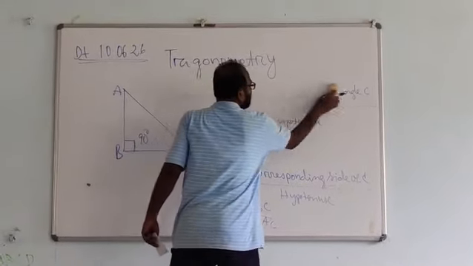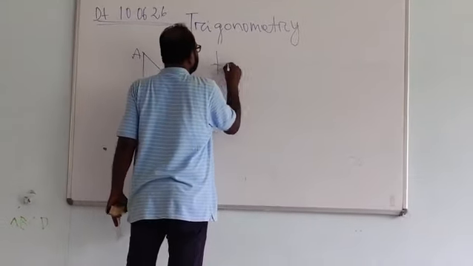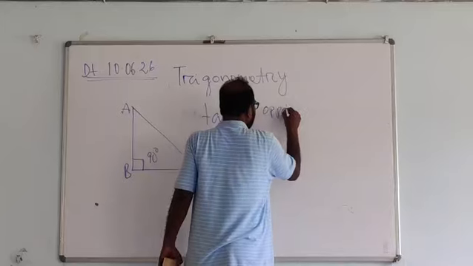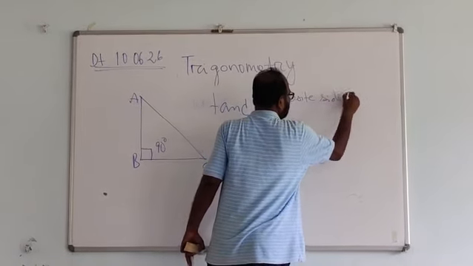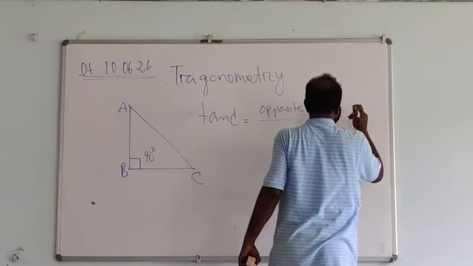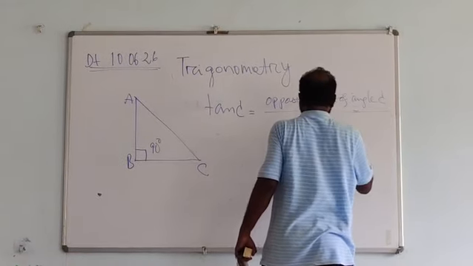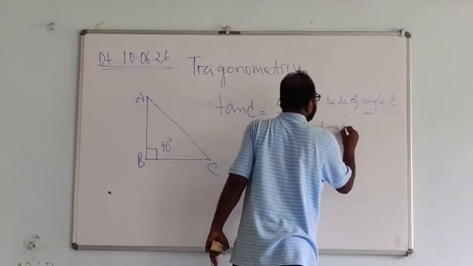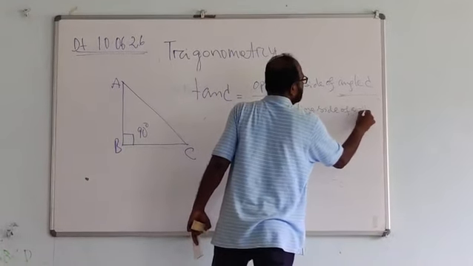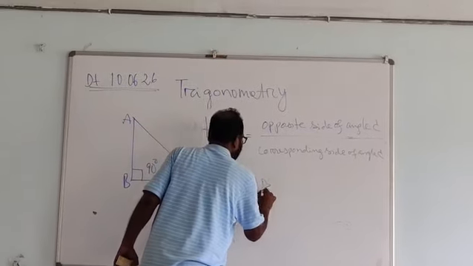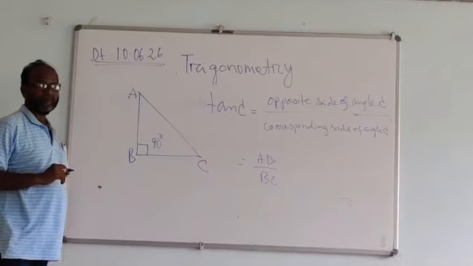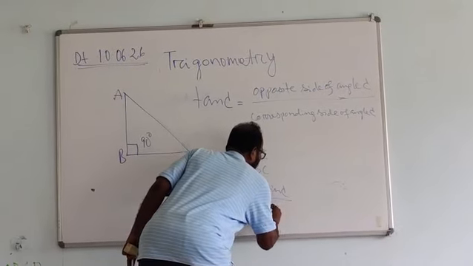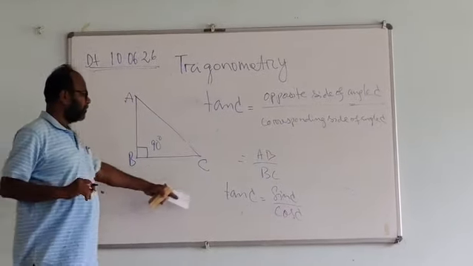Now tan C is equal to the opposite side of angle C by the corresponding side of angle C. That is AB by BC, or you can say tan C is equal to sin C by cos C.